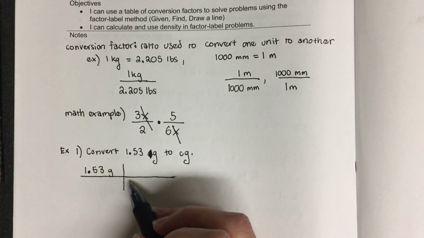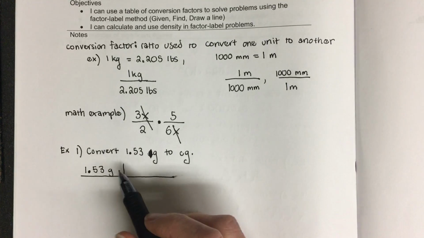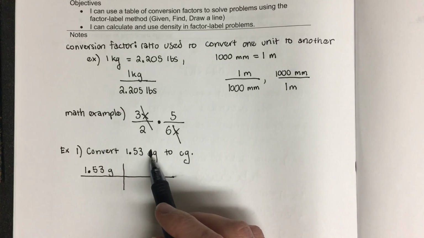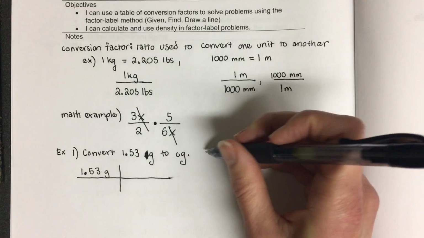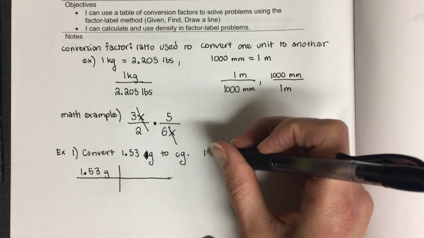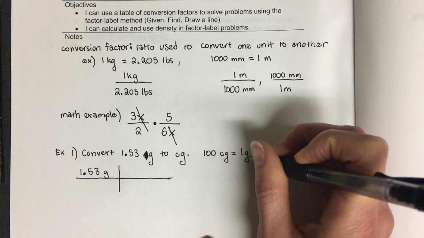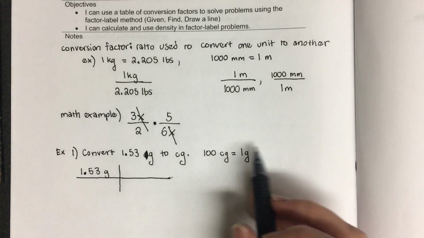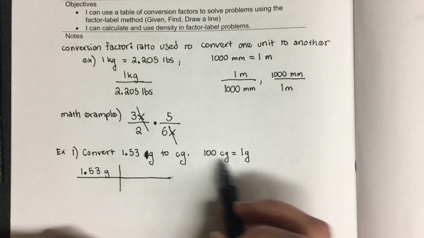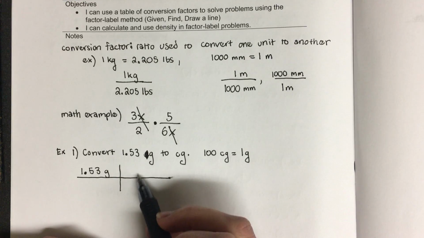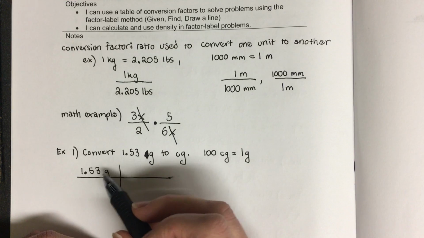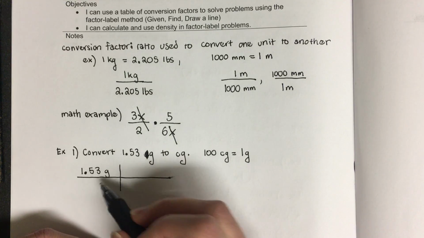So I need to use a conversion factor to get rid of grams and go to centigrams. So I know, hopefully you guys have memorized, that there's 100 centigrams in 1 gram. So what I'm going to do is make a conversion factor out of this and put it in my grid. And the way I want to put it in my grid is so that grams will cancel.